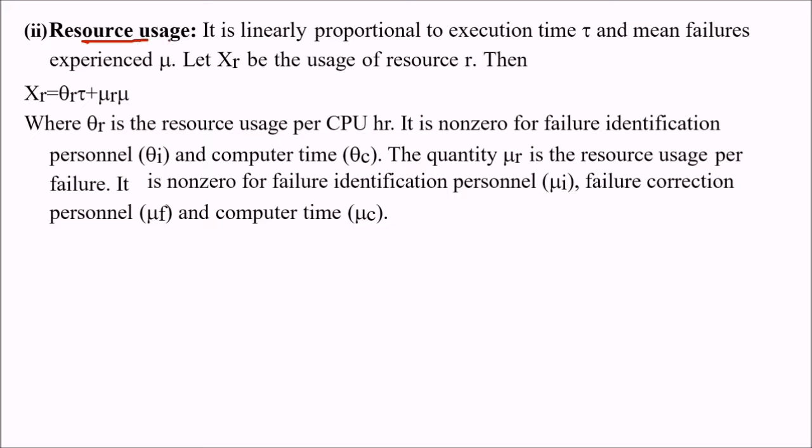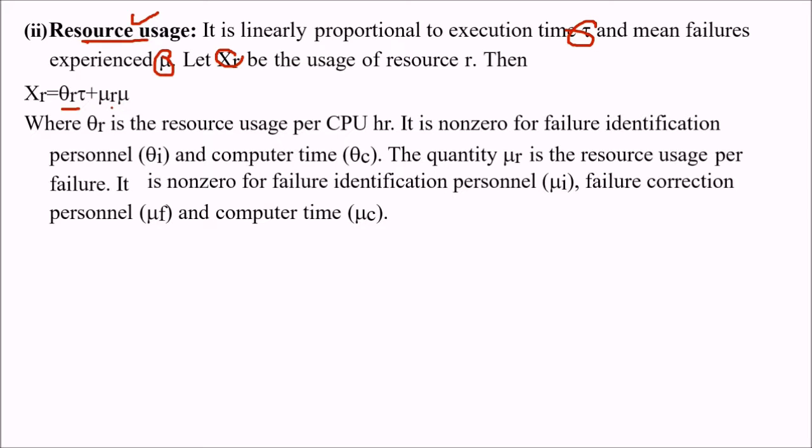What about the resource usage? It is linearly proportional to execution time and mean failure experienced, mu. The usage of resource R, X_R, is given by theta_R times tau (time) plus mu_R times mu, where theta_R is the resource usage per CPU hour.